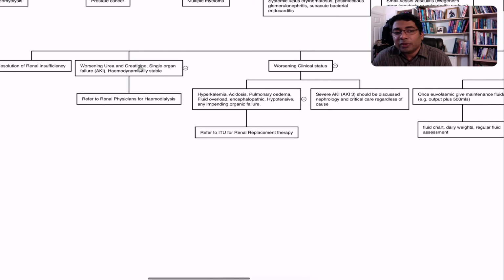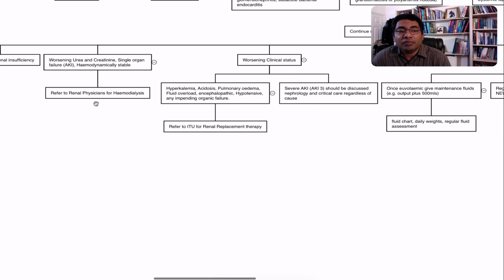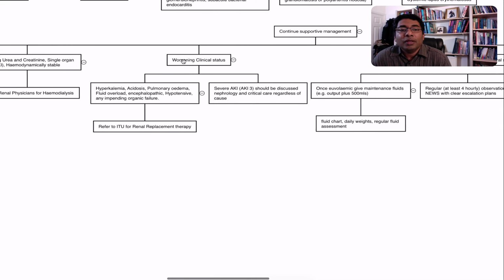If there's worsening urea and creatinine with single organ failure, but hemodynamically stable, consider referring to renal physicians for hemodialysis. If there's worsening clinical status like hyperkalemia, acidosis, pulmonary edema, fluid overload, encephalopathy, hypotension, and any impending organ failure, you refer to ICU for renal replacement therapy.